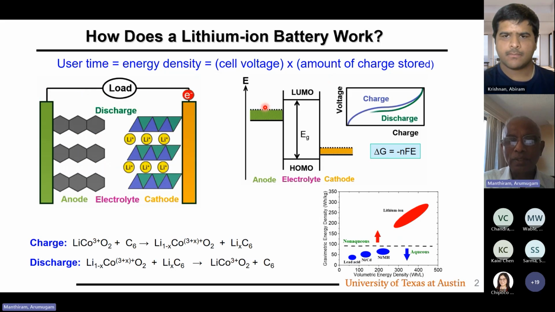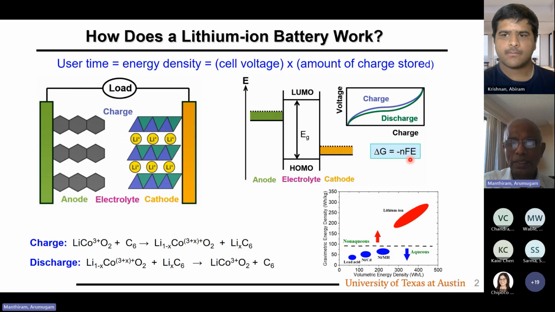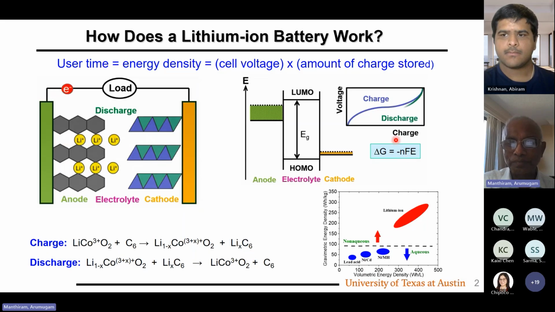When you talk or when you use your laptop or when you drive your car, the electron will spontaneously fall from this higher energy to the lower energy. There is a free energy change, and that is taken out as electricity. n is the number of electrons involved, F is the Faraday constant, E is the voltage.